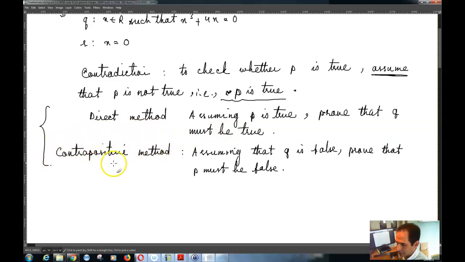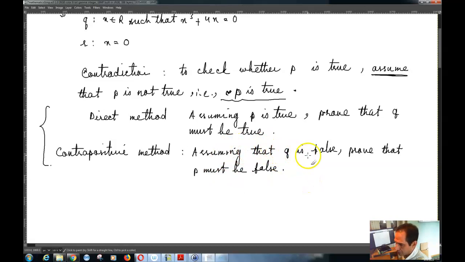In the contrapositive method, by assuming that Q is false, if I show that P is also false, that means that statement is actually true. Now, if I assume that Q is false, but in spite of that P is true, then that statement is actually false. So I can do this exact thing over here.